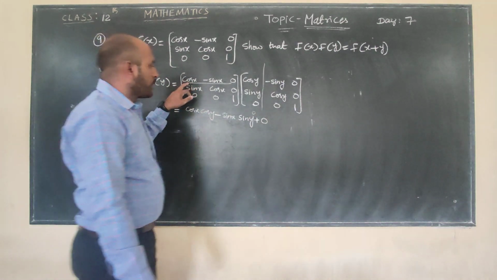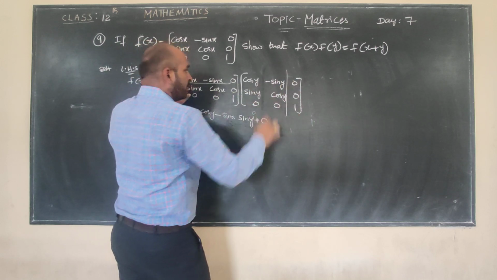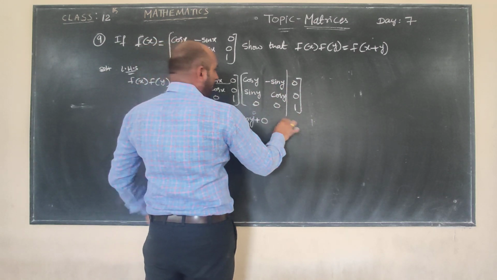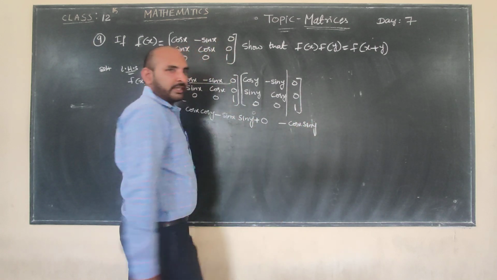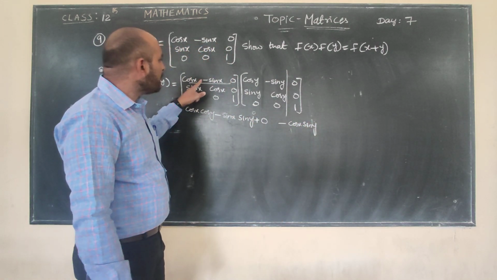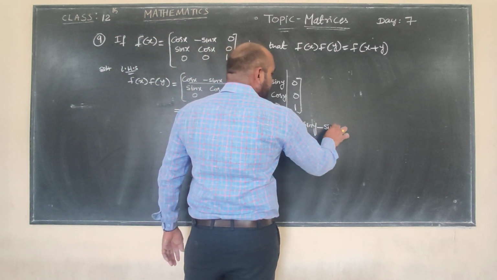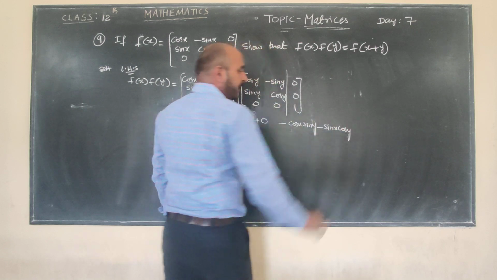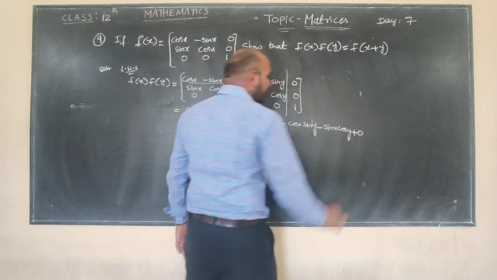Next, first row with second column. Cos x into minus sin y, minus cos x sin y. Minus into plus, minus sin x cos y, so minus sin x cos y. 0 into 0, that is 0, plus 0.